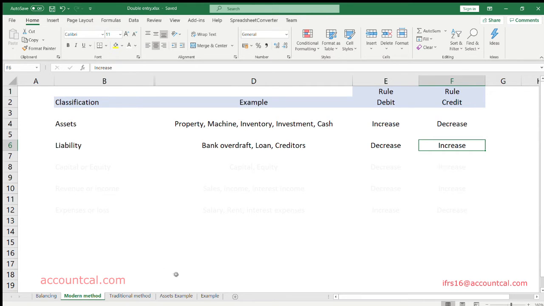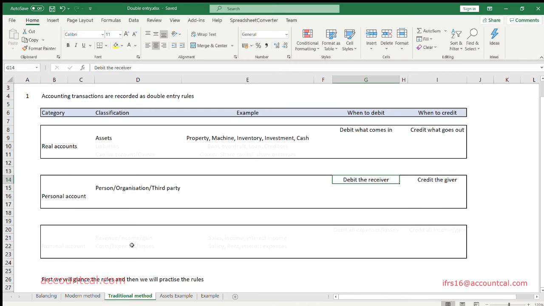Okay, and there is one more rule which will help you understand our next entry a bit more, which is the traditional method. It says on the personal account. What is a personal account? It is basically a person or an organization, not our organization, but some other organization or any third party.